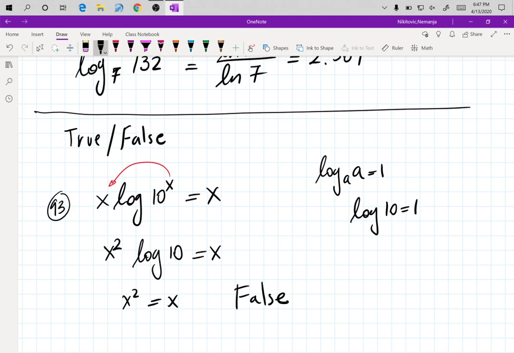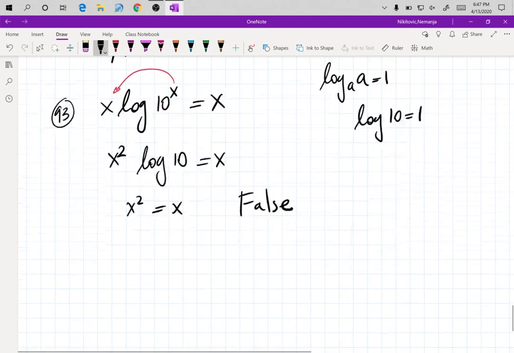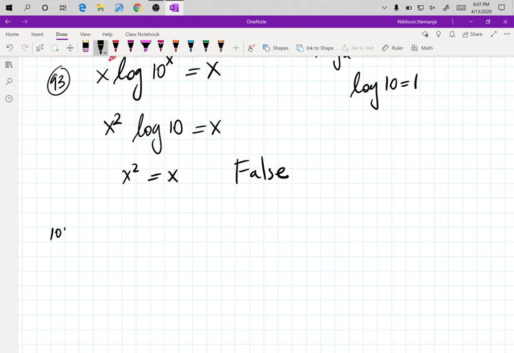Another one of these. This is interesting. Problem 101. Log base 3 of 7 is equal to 1 over log base 7 of 3. Well, that one is tricky.